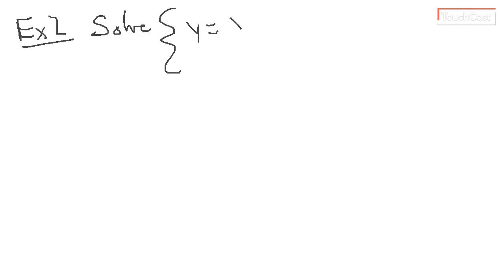So this last example we're going to look at, example 2, we're going to solve the system y equals x plus 3 and y equals 2x plus 5.